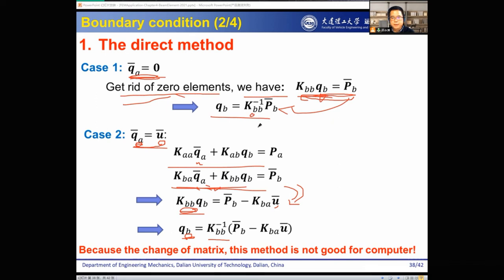And if you have experience of coding, you will know whenever you do the inverse, it will take a long time. So for matrix operations, we normally don't do the inverse. Here we are doing the inverse. So here is the shortcoming of this method. Because of the change of the matrix, this method is not good for computer programming.